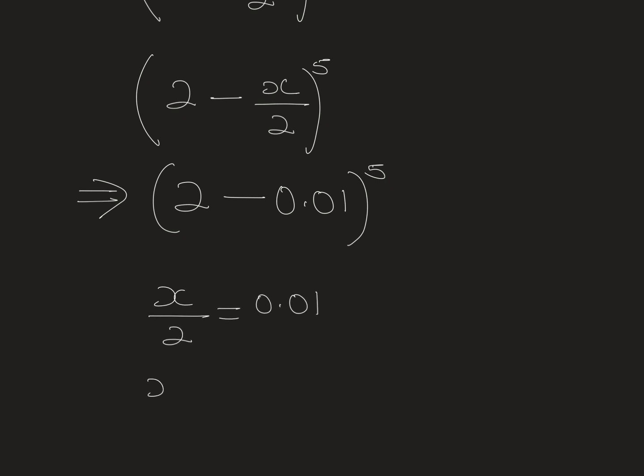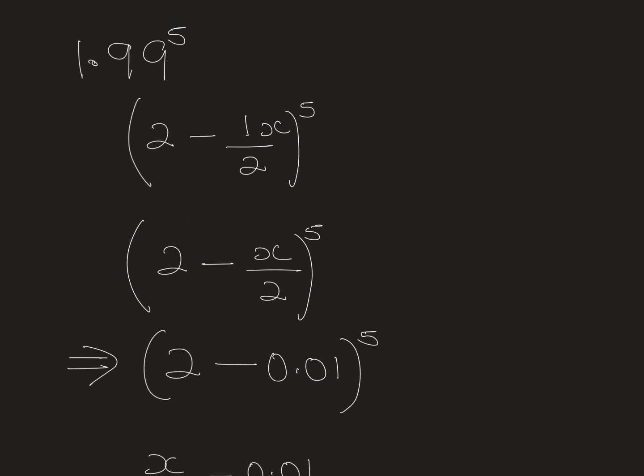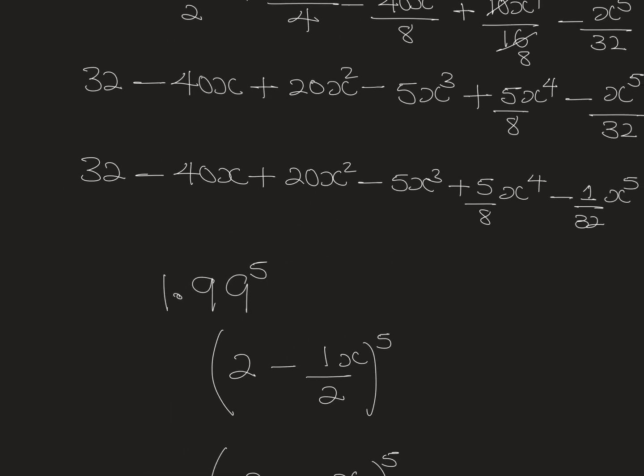To find x will be equal to 2 times 0.01. Therefore, x is equal to 0.02. So this is what we will take and substitute wherever we have x in our final answer that we have done for the expansion.